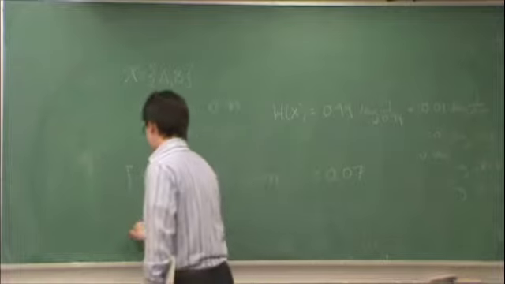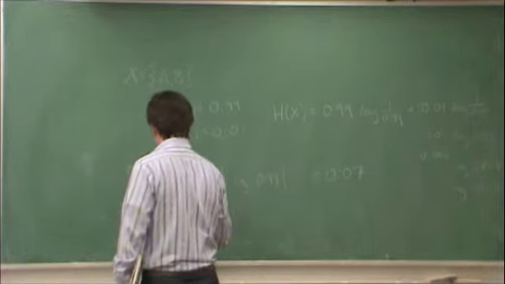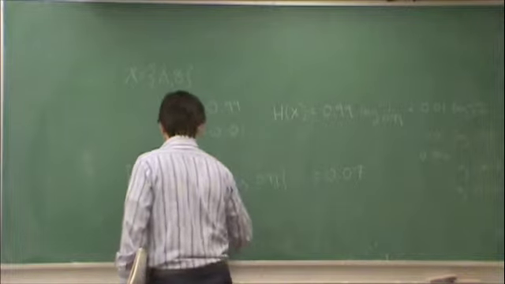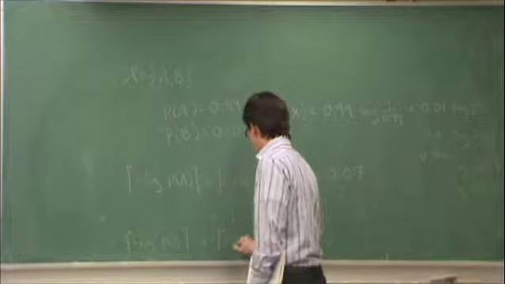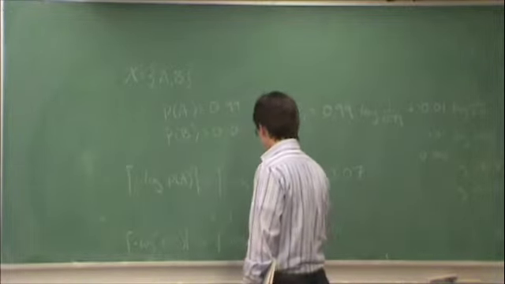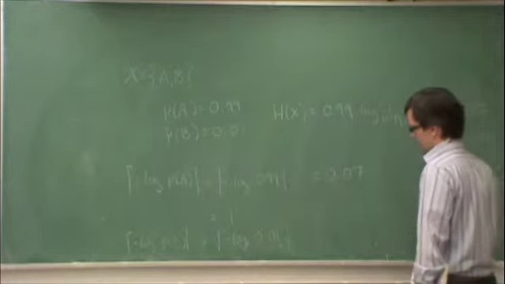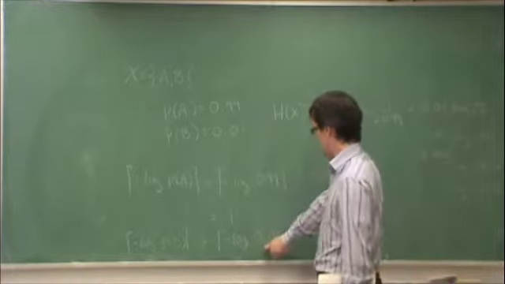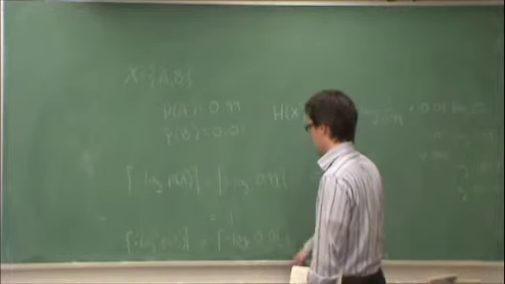And the ceiling of negative log p of b is equal to the ceiling of negative log 0.01. And as we argued a second ago, this is probably something like 7. Actually, it is 7.